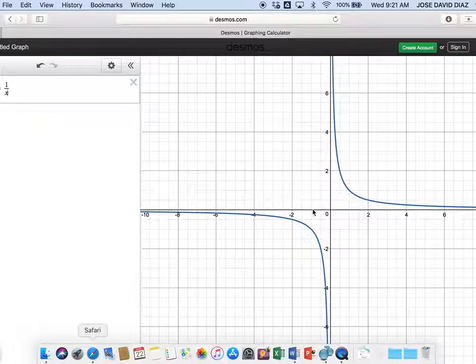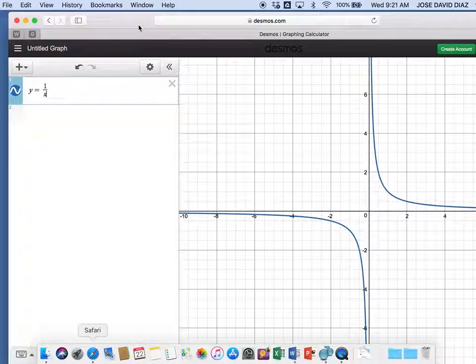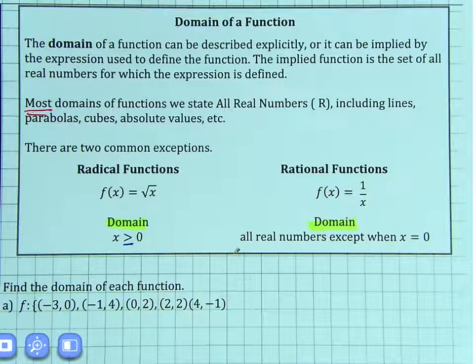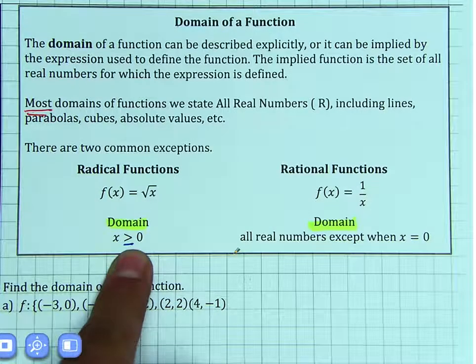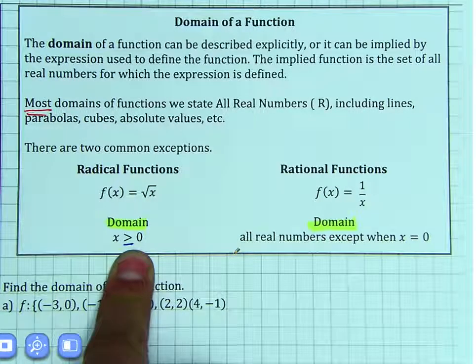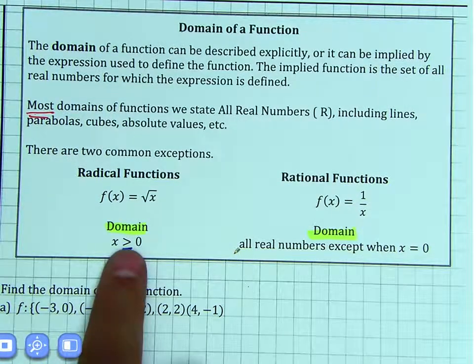Your domain is all the values to the left and to the right except for 0, because once you plug in 0, you end up with an error, or basically we talk about an asymptote, we talk about undefined. And this should be an equal sign, so just make sure you change it back to an equal sign.